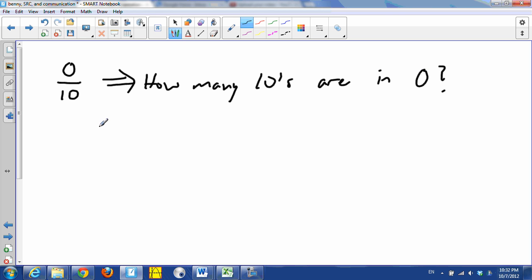In other words, if we take 10, what do we have to multiply it by? How many of those tens, multiplication, how many of those tens does it take to get 0?